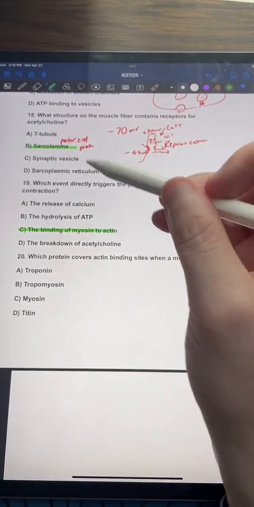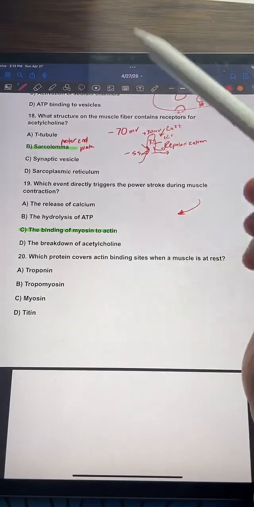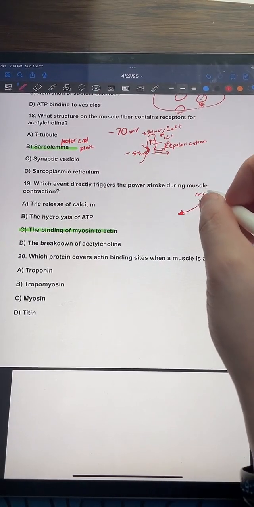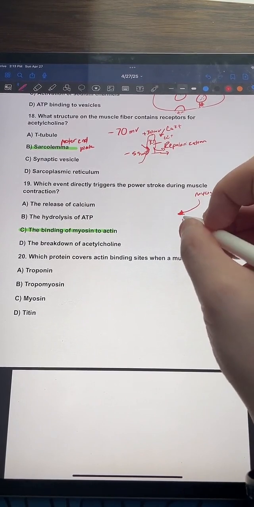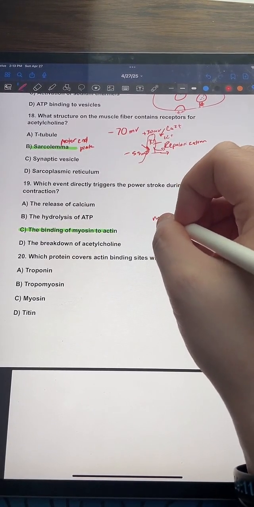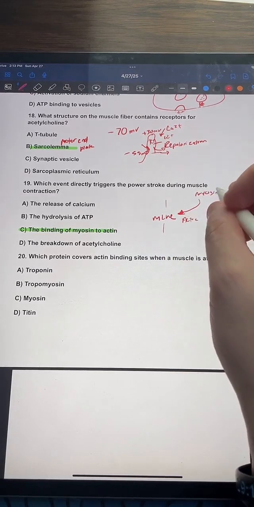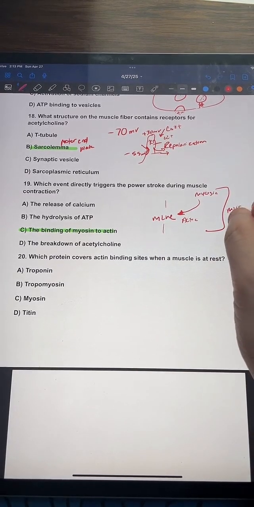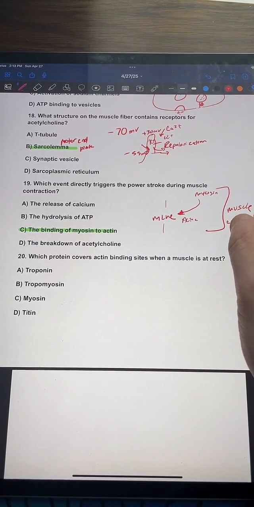The answer is C. It is the binding of myosin to actin. So myosin heads will bind to the actin active site and pull it towards the center of the sarcomere, or the M line. And this is our muscle contraction.